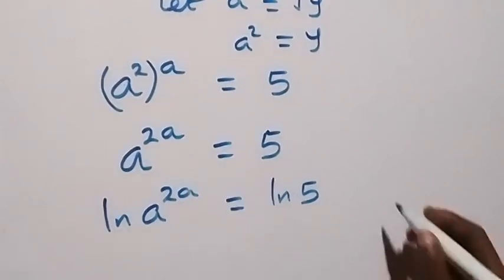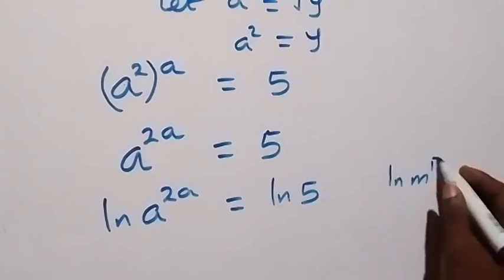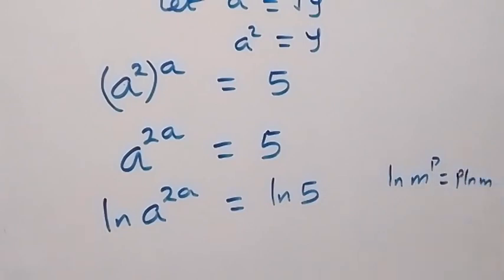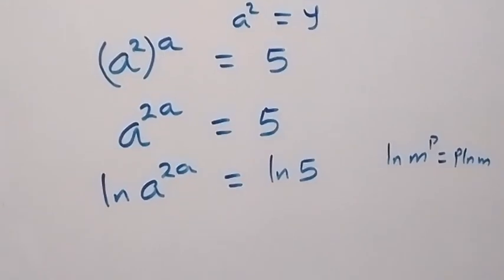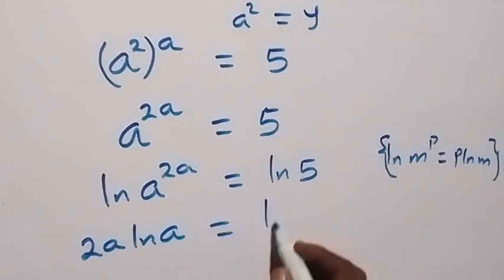Then from the law of logarithm, ln of m raised to power p will be equal to p ln m. That means what we have here, we can write as 2a ln a equals ln 5.